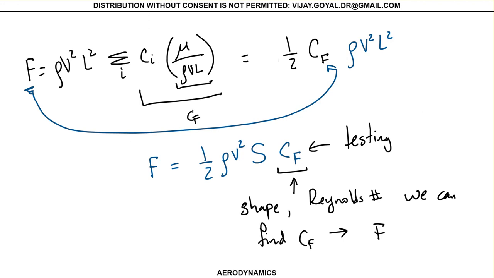And there are many other quantities in aerodynamics that we are interested in. As an example, the lift itself, we are interested in lift, and we can show that lift is equal to 1/2 rho V squared times the area times CL.